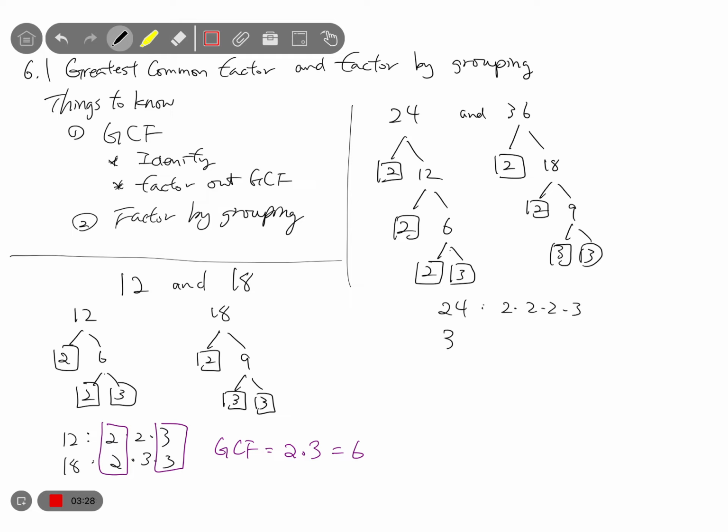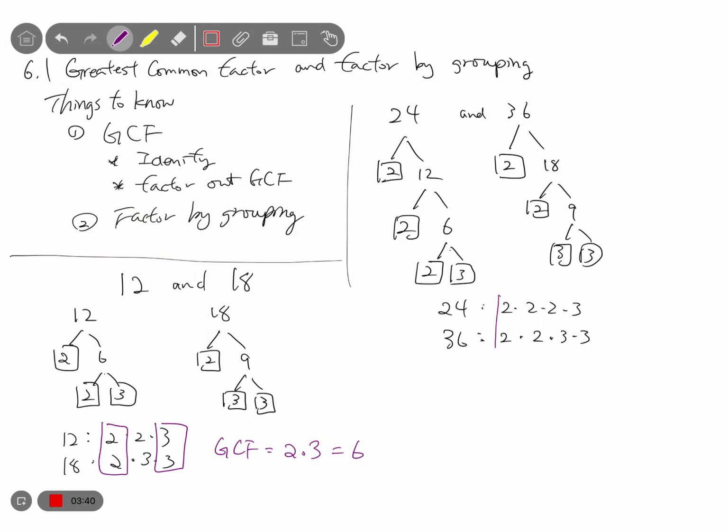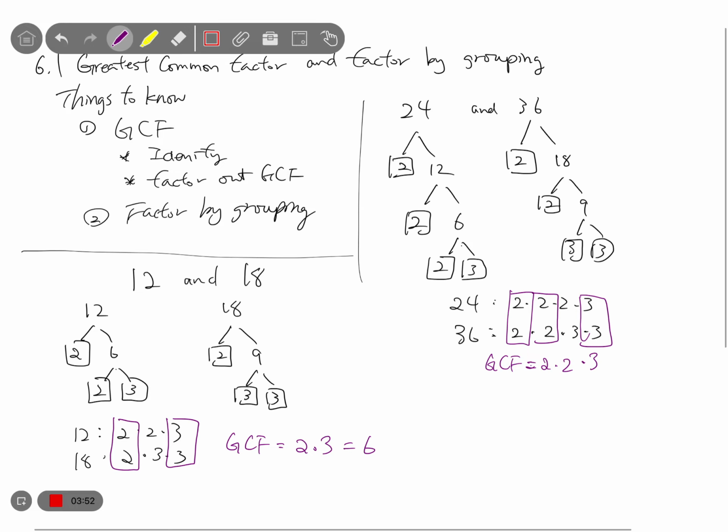So 36 is 2 times 2 times 3 times 3. And notice in this case, they have a 2 in common, another 2 in common, and a 3 in common. So the GCF is 2 times 2 times 3, which is 12.